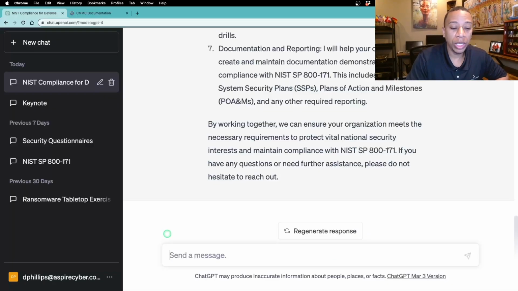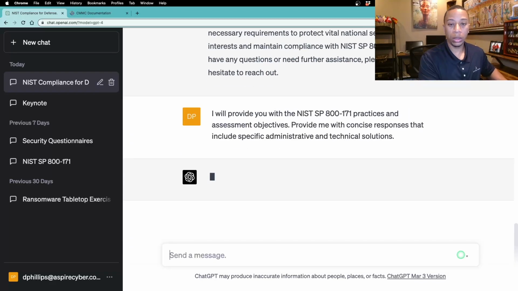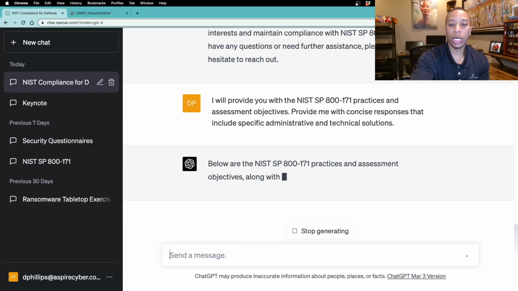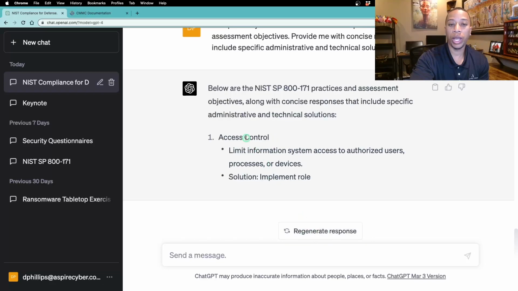Before I input the prompts for the practice and assessment objectives, I want to give ChatGPT a little more guidance on what I'm expecting for the responses, the output. And just to save on the cap, I'm going to stop generating because I didn't really need a response for this.